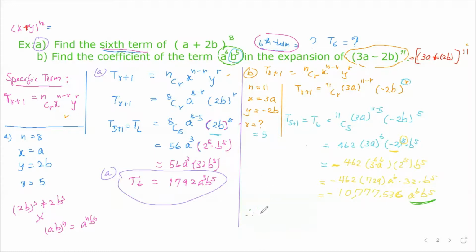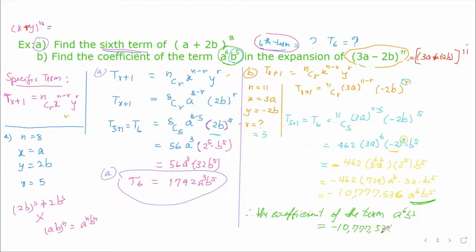So now you write down the coefficient of the term a power 6, b power 5 equals this number, negative 10,777,536.